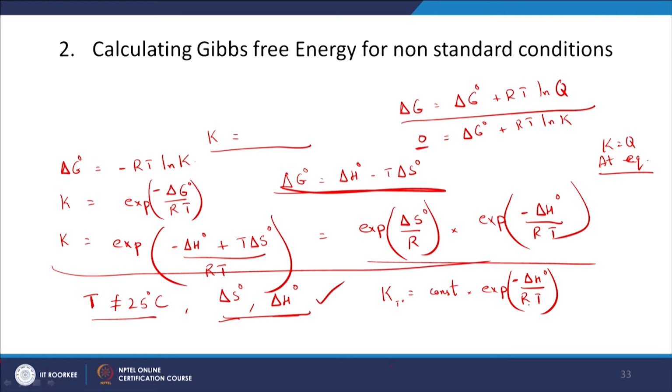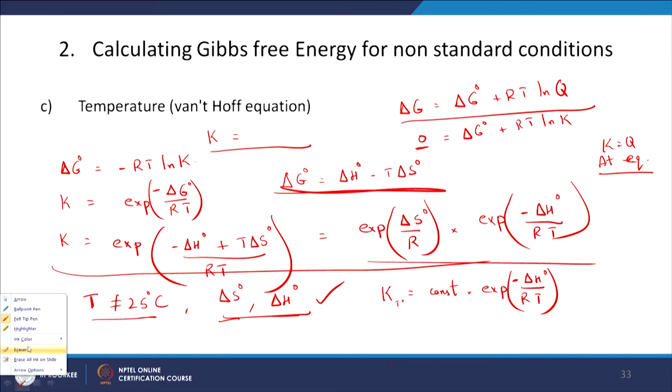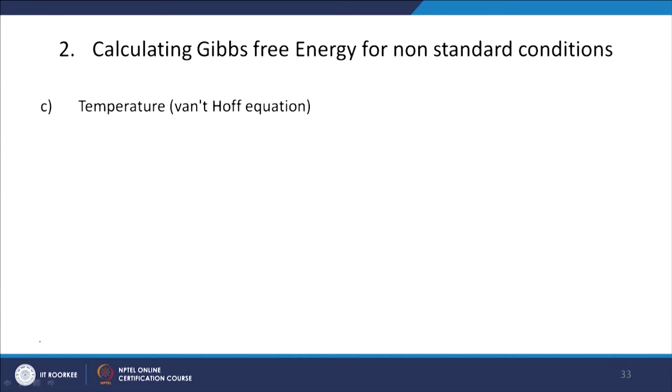Let us take this onto the next page, or on this page itself, and work this out. We had K equal to a constant into exponential of minus delta H naught by RT.